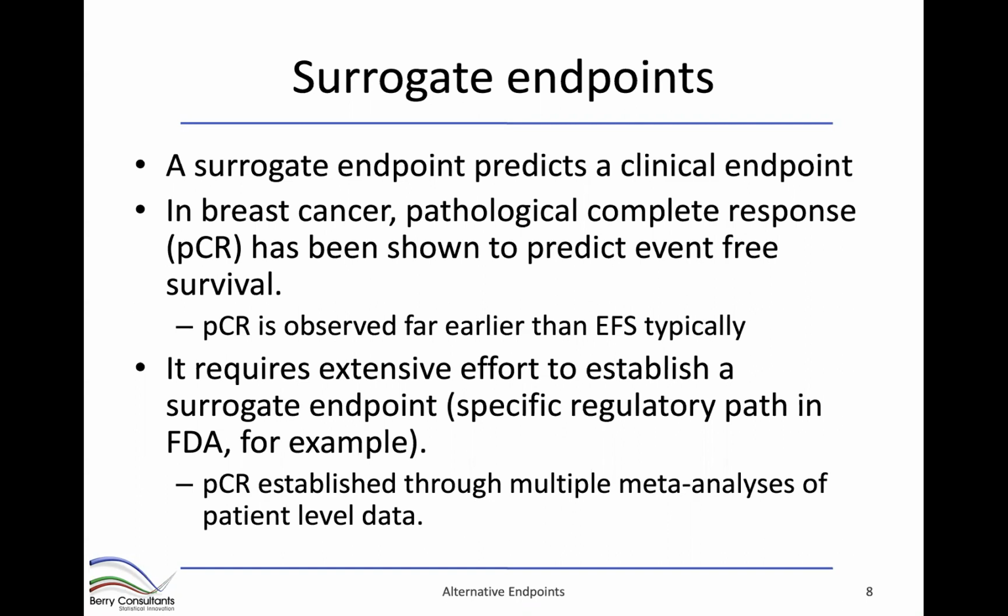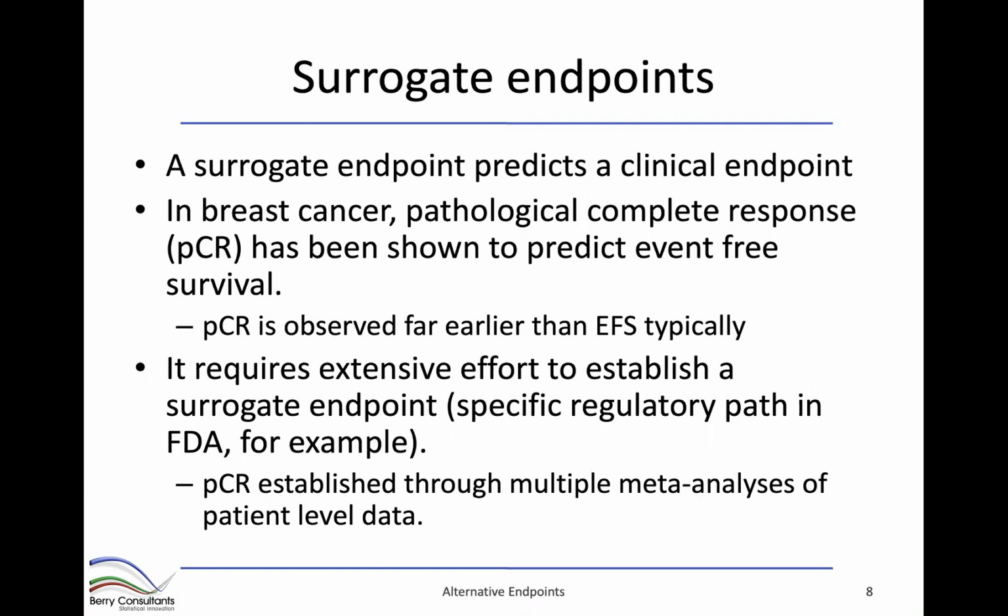This endpoint measures this: a patient comes in with a tumor, you begin to treat them, and then some months later you perform surgery and remove whatever is left of the tumor, and you investigate what you've done to the size. A PCR means that when you do this surgery later, there's no tumor left. You can't find it anymore, which would be a pathological complete response.